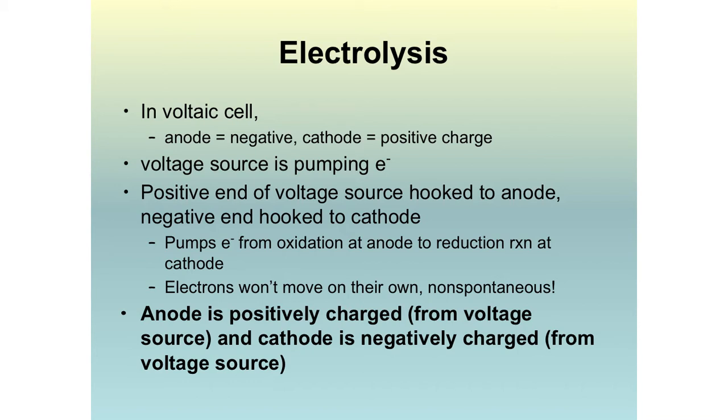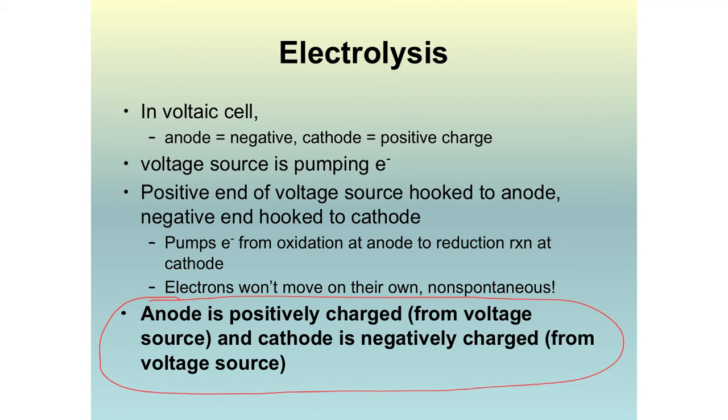When we have our electrolytic cells, oxidation still occurs at the anode, reduction still occurs at the cathode, but because it is going to be hooked up to its own electrical source, like a battery, that will change the charges.